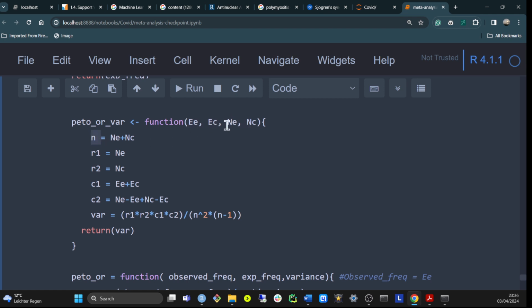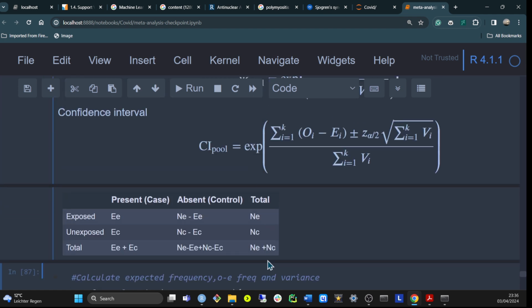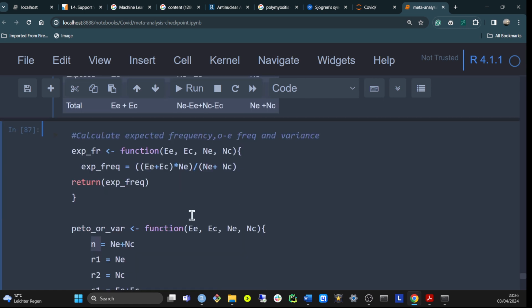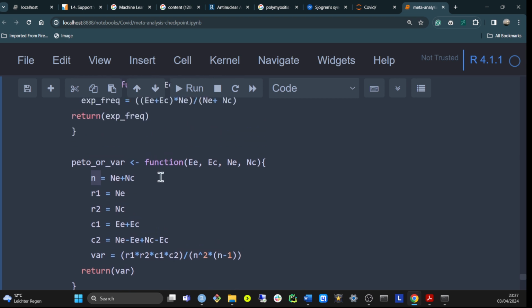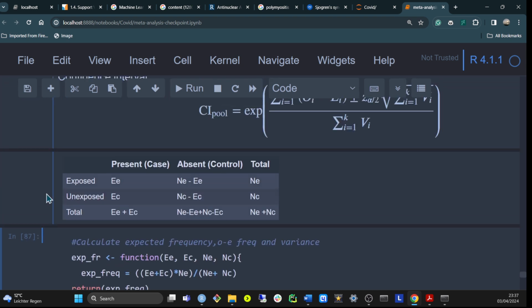If we actually want the standard error for this, the standard error would be the square root of that total weight. That would be our standard error, and we can use it for the confidence interval. So let me run this, and then let me check how much total weight we have.